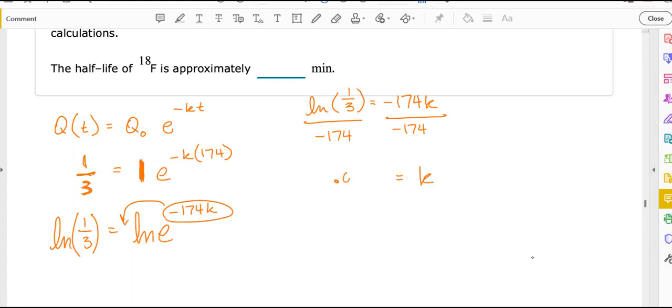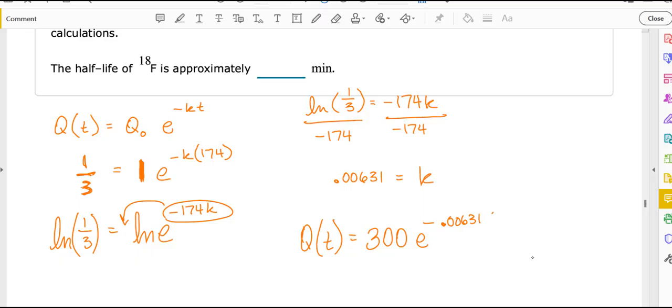So my equation, Q of t, it starts with 300 units, e to the negative k, 0.00631 times t. That's the answer for part 1.